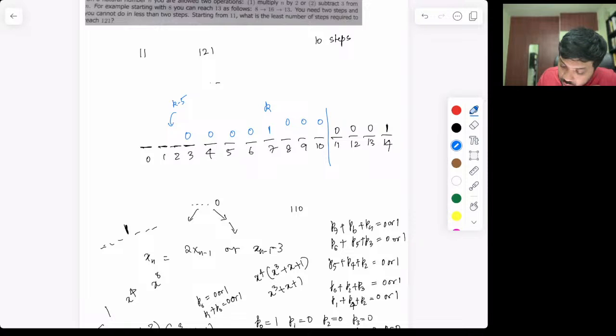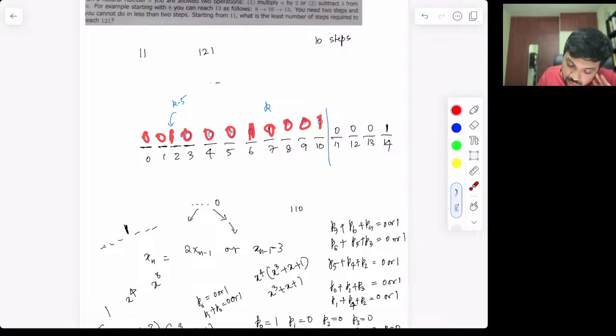No matter what you do, you can't put more than 3 ones. Even if you put a 1 here, then 3 zeros, then another 1, the maximum number is 3.